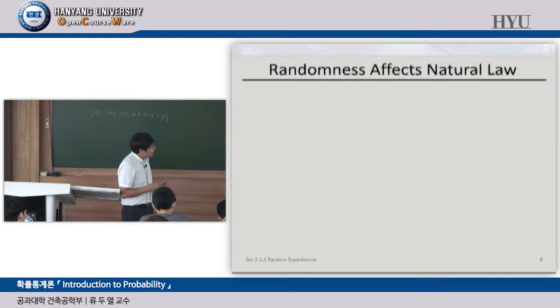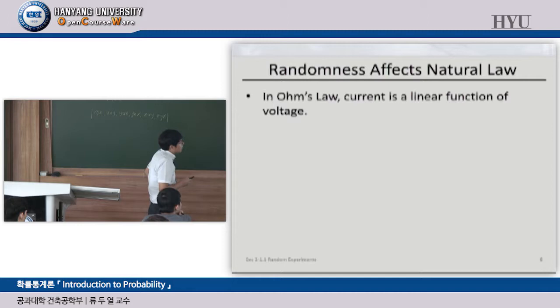So the randomness normally affects the natural law. And this is the typical example. In Ohm's law, current is a linear function of the voltage.